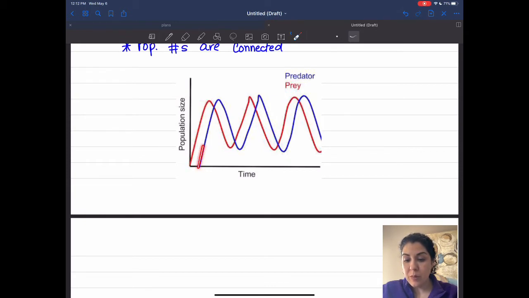But as the predator numbers grow, those prey numbers are now going to be decreasing because the predators are eating the prey. As the prey numbers decrease, predators have no food. So now, as you can see, the predator numbers are decreasing. As the predator numbers decrease, the prey can recover in numbers, and same with the predator. So as you can see, the predator population lags behind the prey because the prey is the food source.